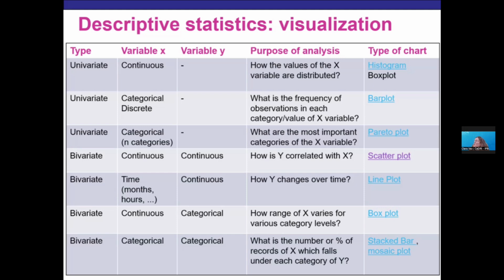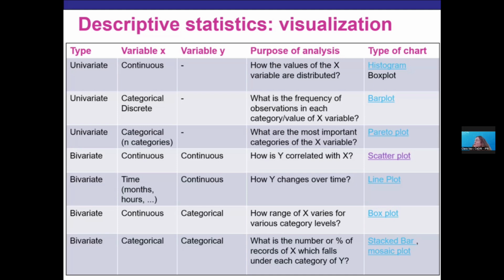In the case when we have a continuous variable and another variable that has different categories, one useful graph or plot is a box plot. So for each category, we define the box plot for the continuous variable.